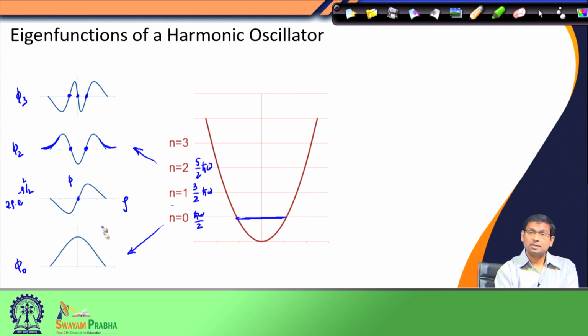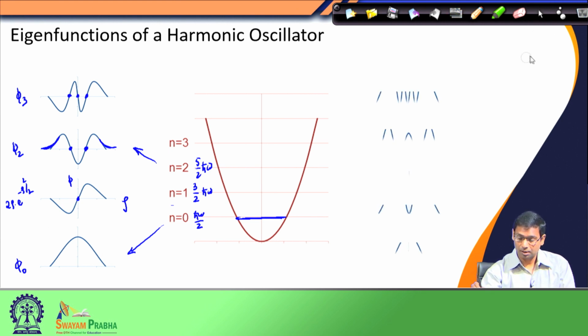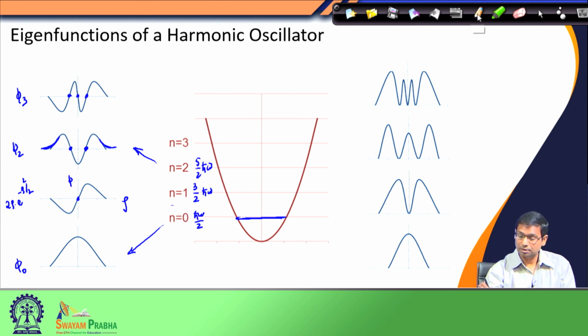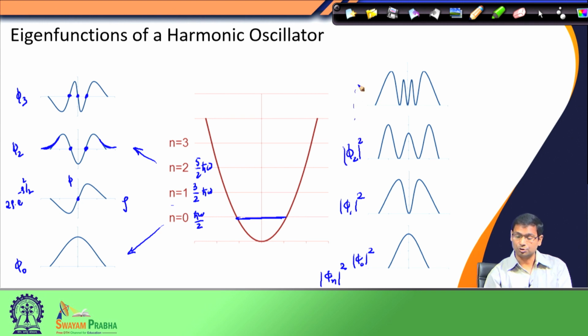When these are the wave functions, I can show you now phi n square. So, this is phi 0 square, phi 1 square, phi 2 square, and so on and so forth.